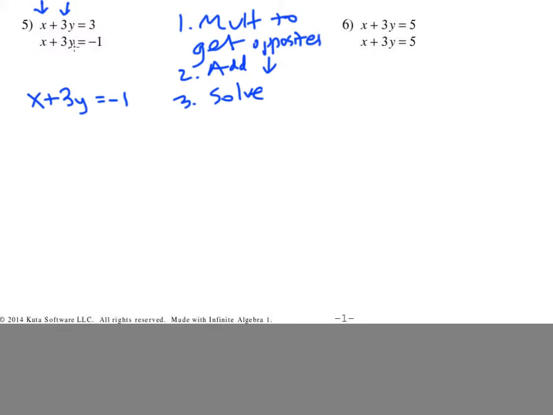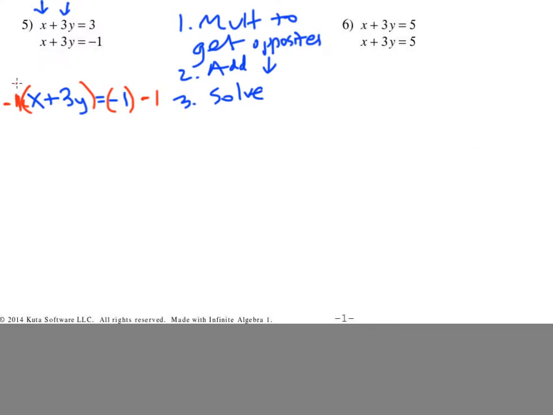Okay, the second equation, rewriting it. Now we need to multiply to create opposites. Again, we want to turn this 3y into the opposite, -3y. So multiply by -1. But if you multiply by -1 on this side, you have to multiply by -1 on this side. So what do we get?